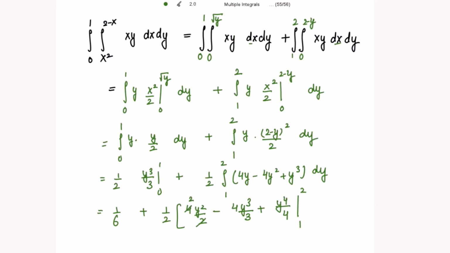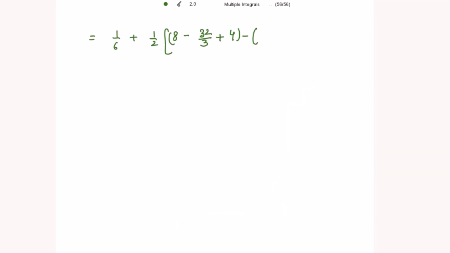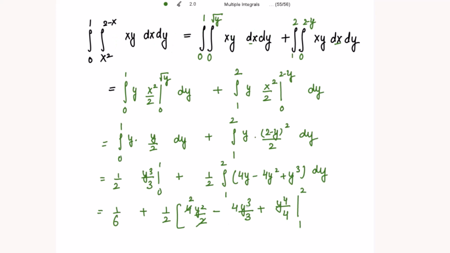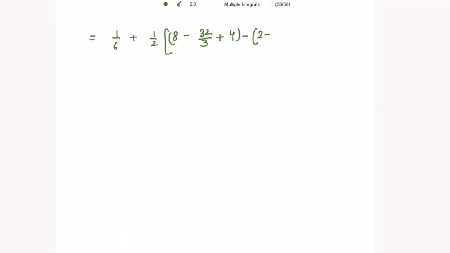Minus, now putting 1, so you get 2 minus 4 by 3, and it becomes plus, but I have taken the bracket so it is minus only. And then this will give you 1 over 4 plus 1 over 4.